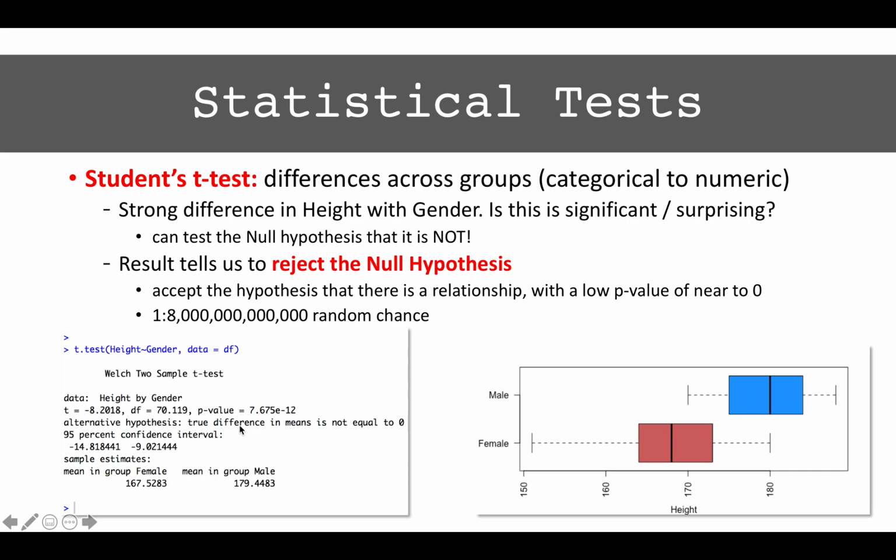They're different, and it says that this is incredibly surprising. It would only be found by chance once in 8 million samples drawn randomly. So we can accept the hypothesis that there is a relationship.